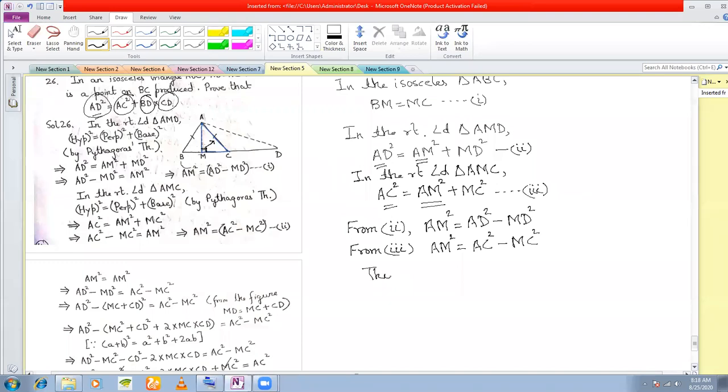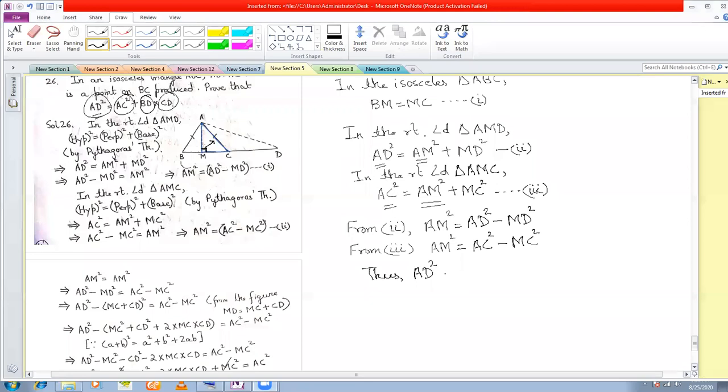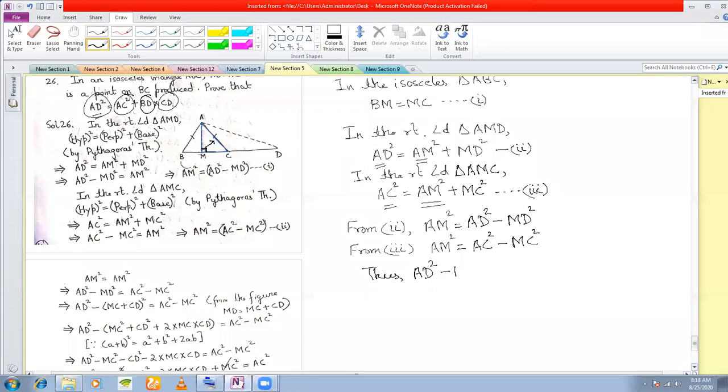Thus, AD square minus MD square is equal to AC square minus MC square. Okay, this is what I am getting.